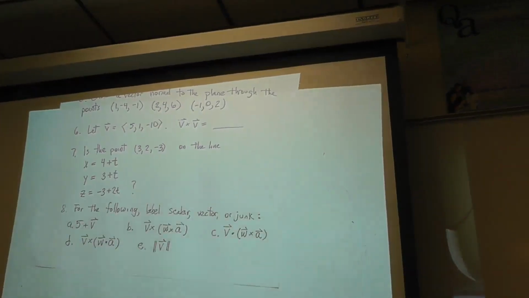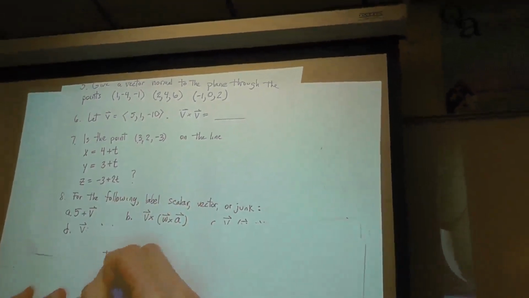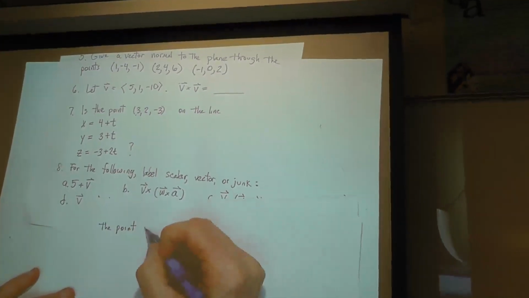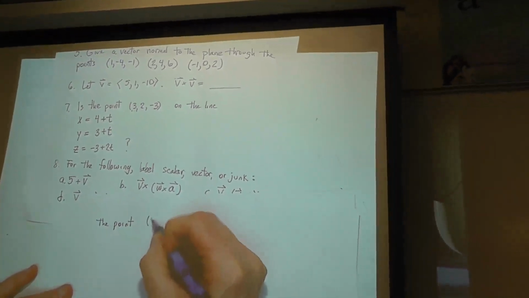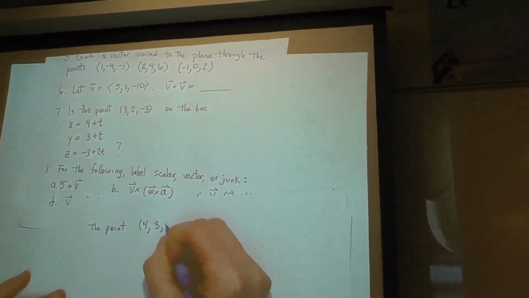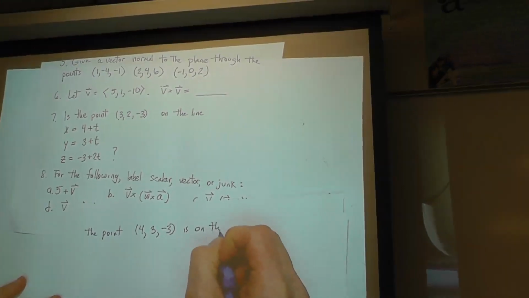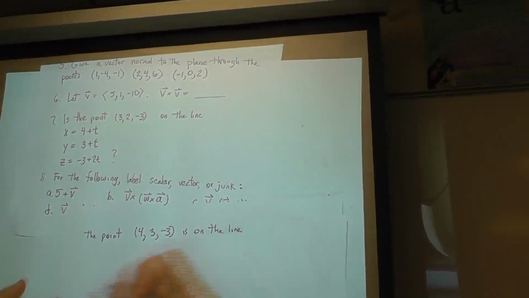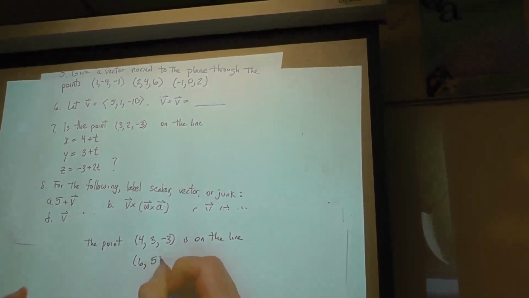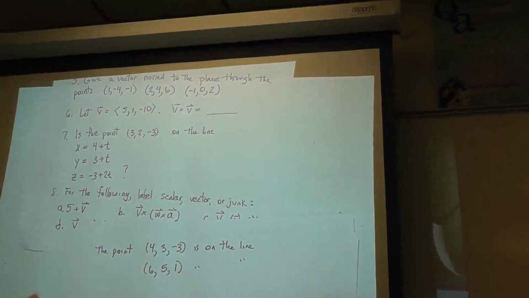I could observe, for instance, that the point 4, 3, -3 is on the line. The point 6, 5, 1 is on the line.